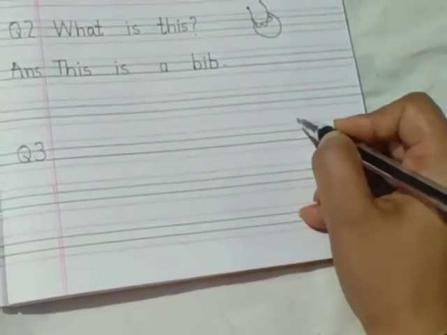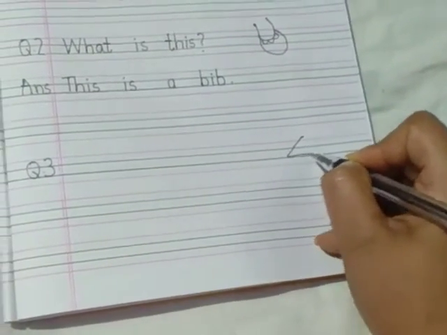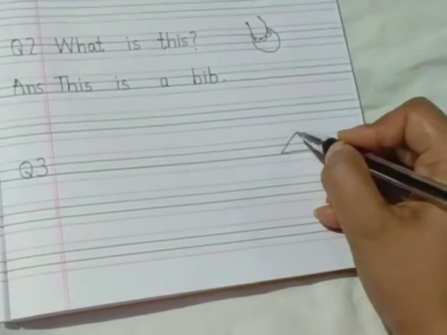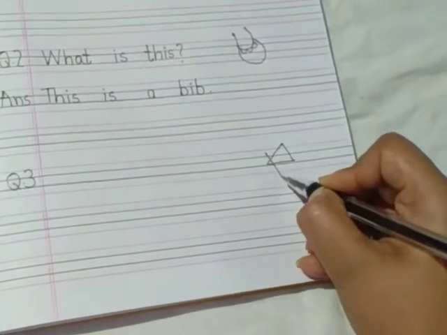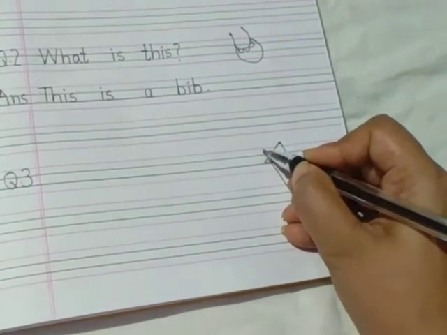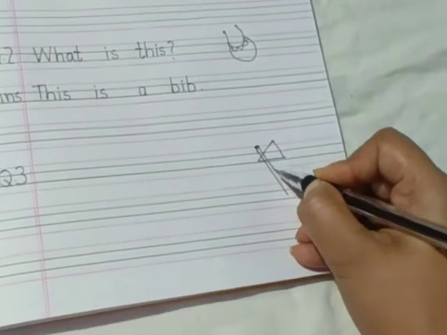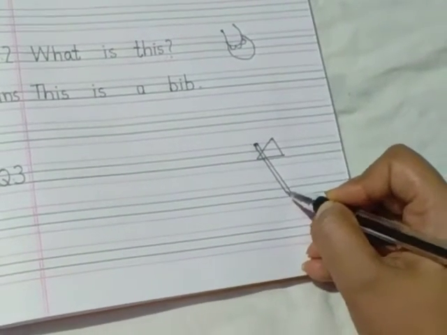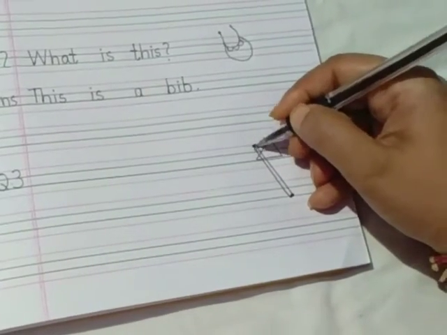Okay, so I'm going to draw a triangle like this. Okay, and I'm going to put a rod in it. A triangle with a, you can say, a stick.